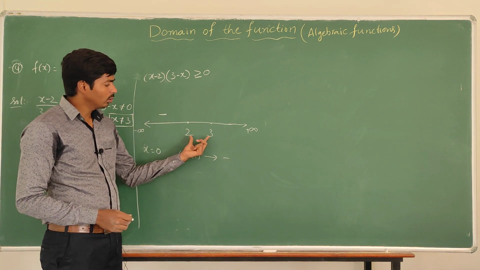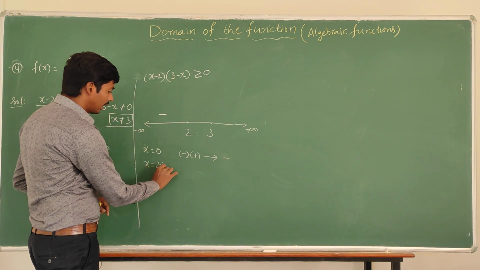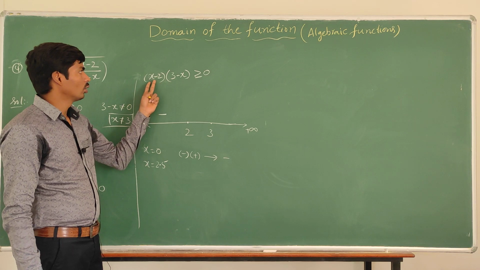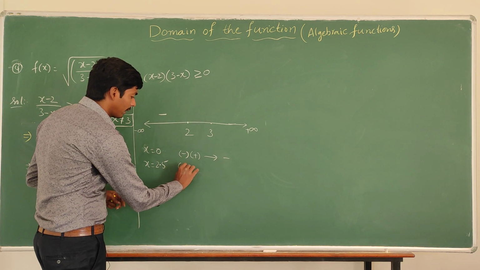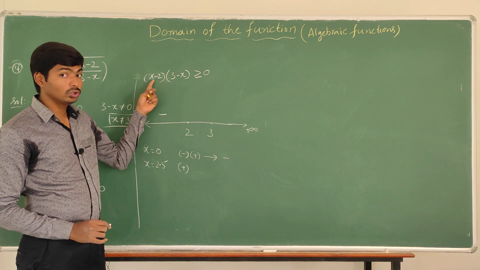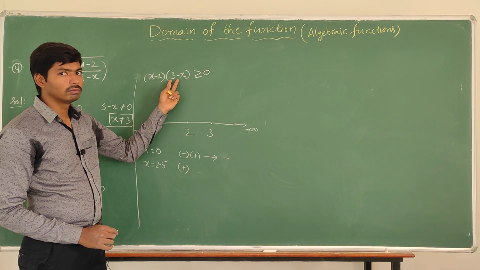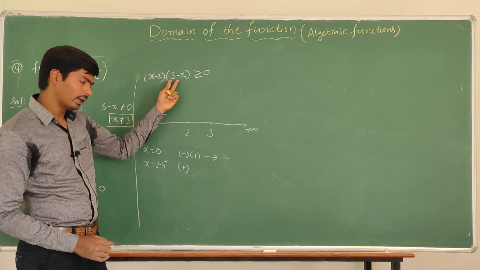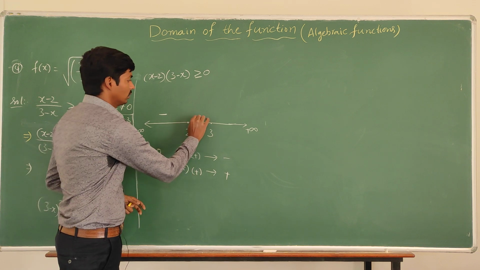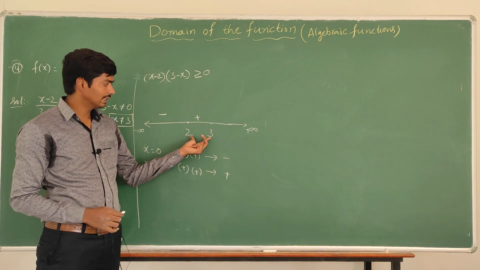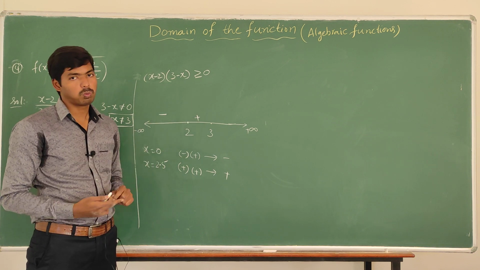Now take any value lying in the interval 2 to 3, suppose x equal to 2.5. So 2.5 minus 2 is 0.5, positive, and 3 minus 2.5 is 0.5, again positive, so plus into plus will give plus. So for all values in this interval, the product is positive.